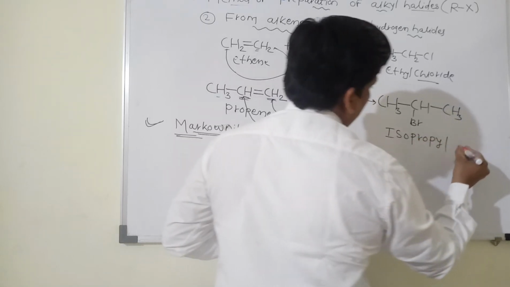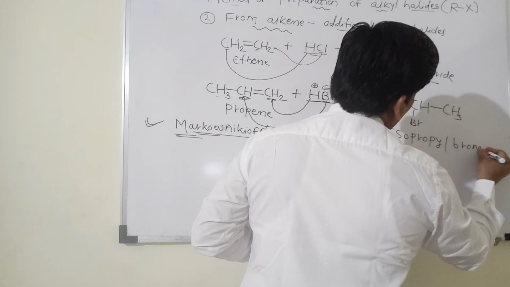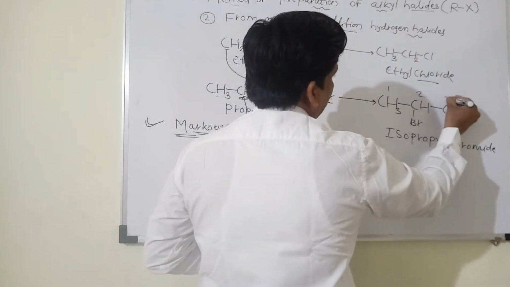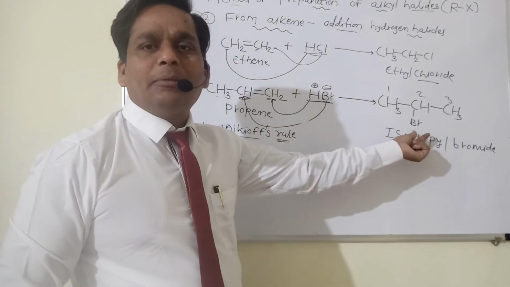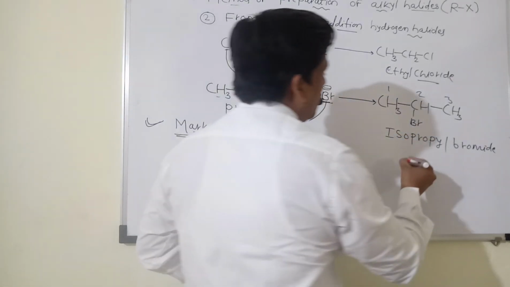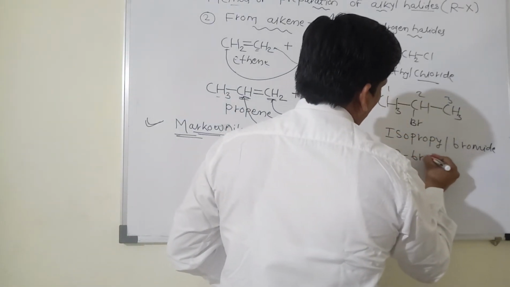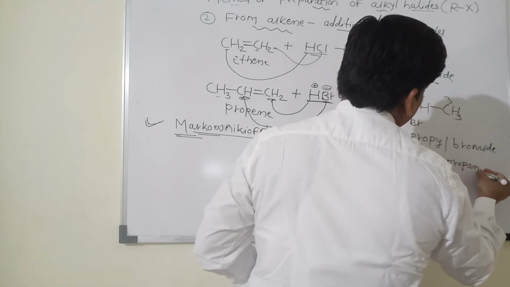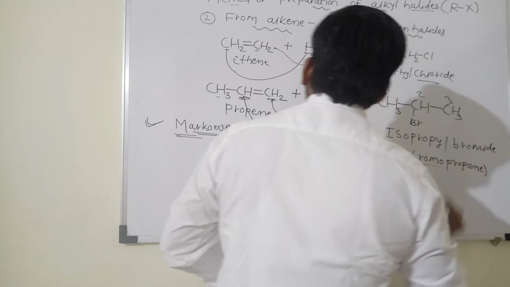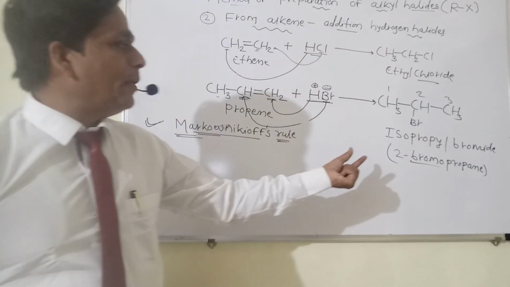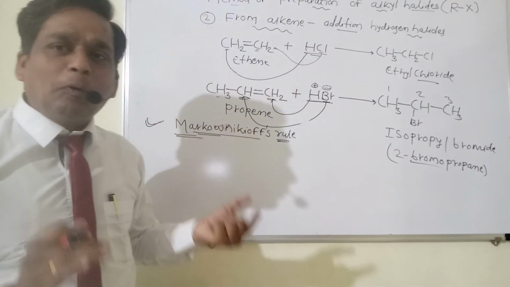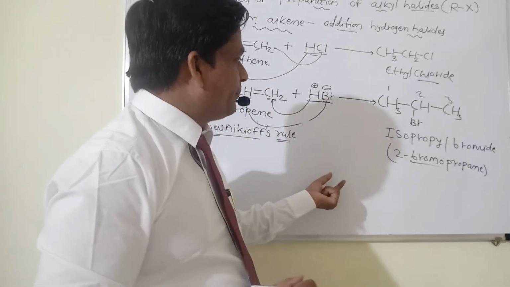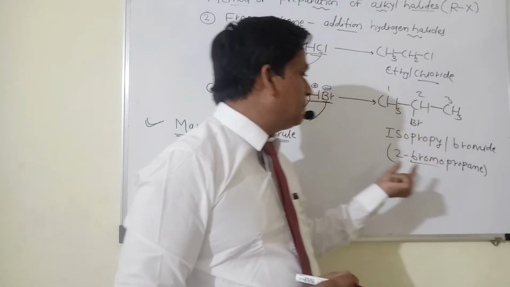The IUPAC name we can also give: there are 3 carbons, and the second carbon contains the bromine group, so 2-bromopropane. 2-bromopropane is the IUPAC name. Are you clear how we get isopropyl bromide from propene? This question can be asked for NEET as well as JEE. How will you prepare isopropyl bromide by using propene?